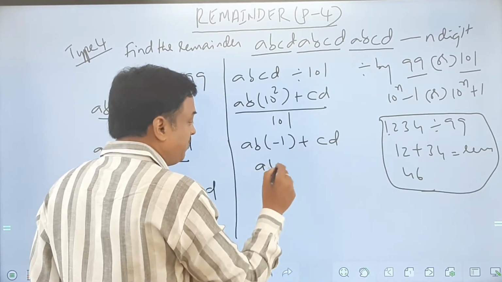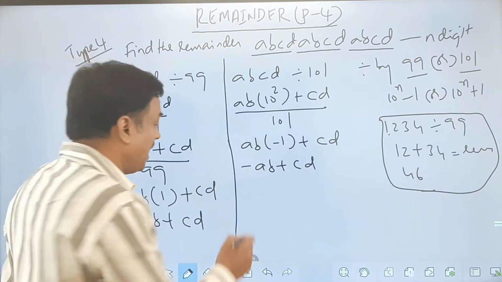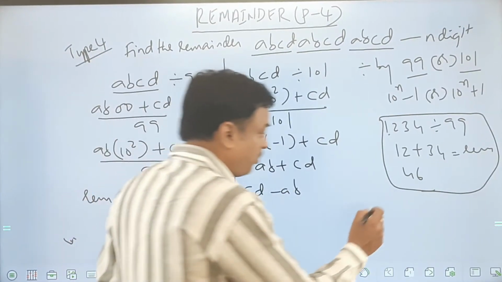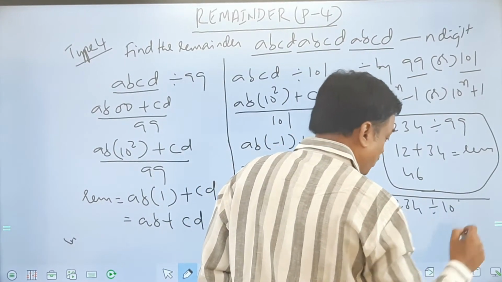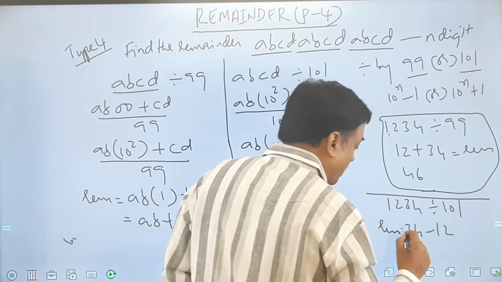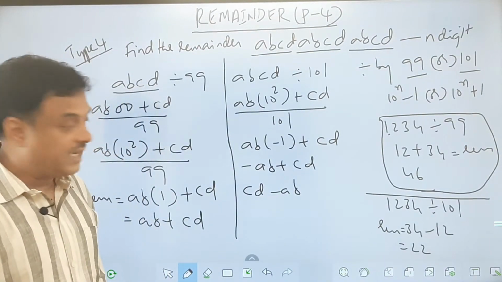Negative AB plus CD. Ultimately it is CD minus AB is what you get. Suppose I have 1234 divided by 101, my remainder here will be 34 minus 12, friends, which is 22. Is that clear, all of you?